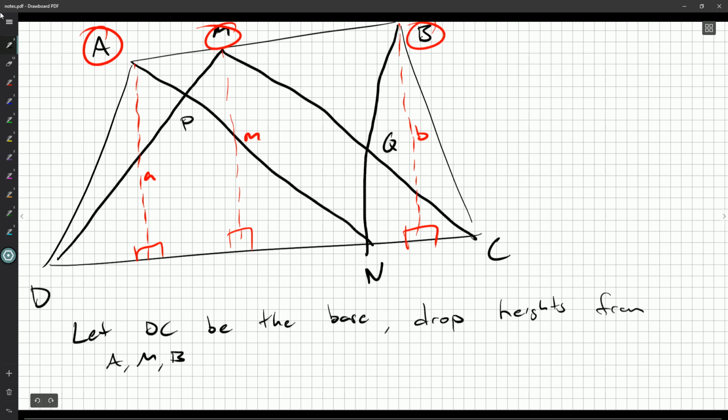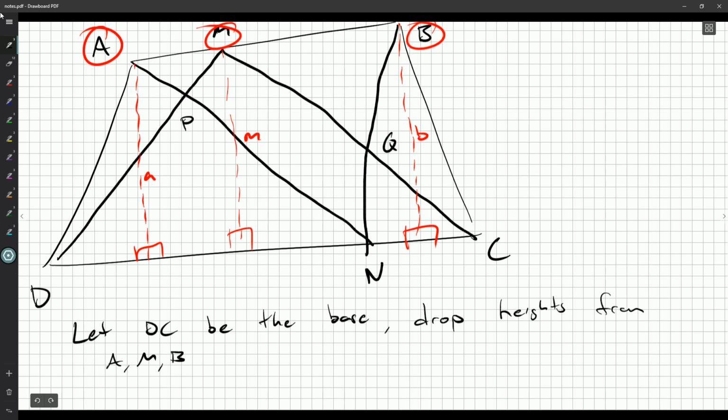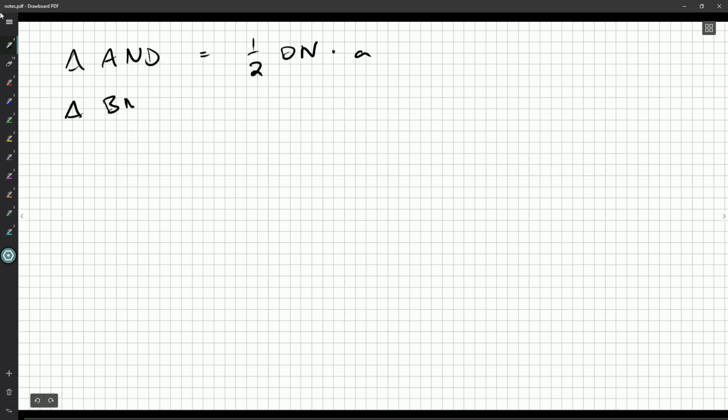Well, then triangle AND has an area of 1/2 base, so that's DN, times this height A. Triangle BNC, yeah, that's the pink one, is going to be 1/2 NC times B. Okay?